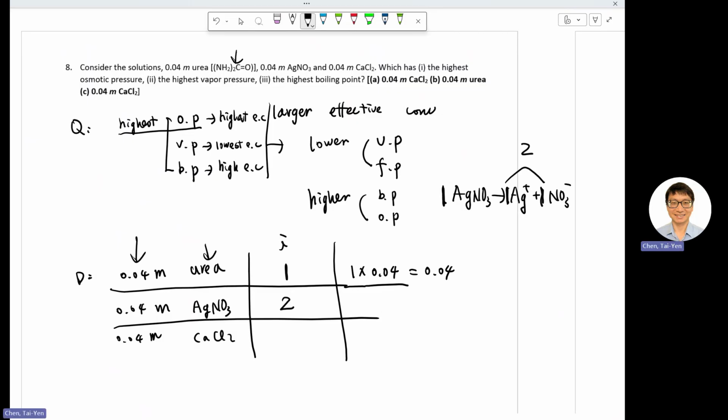Therefore, the van't Hoff coefficient of AgNO3 is 2. Once you know that, then you know the effective concentration will be 2 times 0.04. That's 0.08.